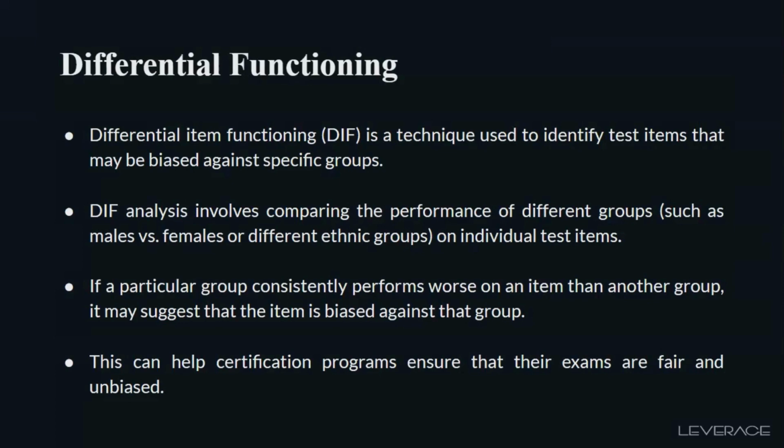So a few steps are taken. For instance, we compare the performance of different groups, such as male versus female, or different ethnic groups on individual test items. Here we'll be able to find out if the item is discriminating against any of the groups that sit for the test.